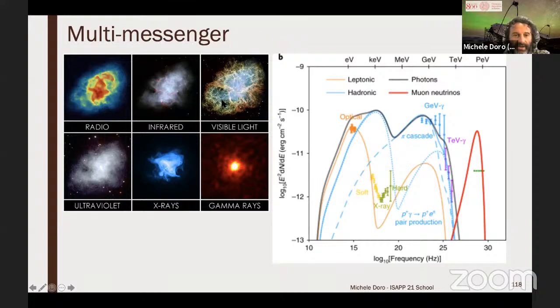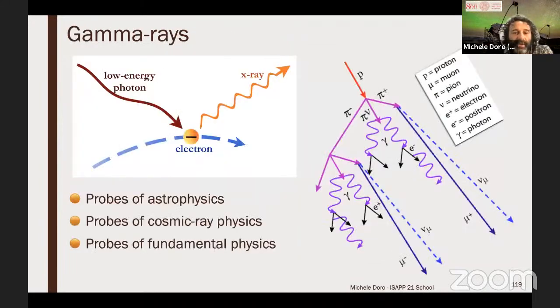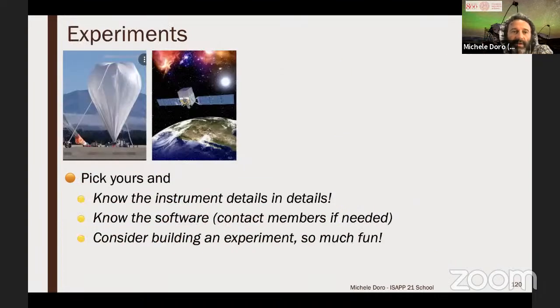So we need to have a full astronomical picture of targets to be able to say certain things. And we need to have gamma rays that are probes of the astrophysics, that are probes of cosmic ray physics, as we learned, and they are probes of fundamental physics, okay, a lot.